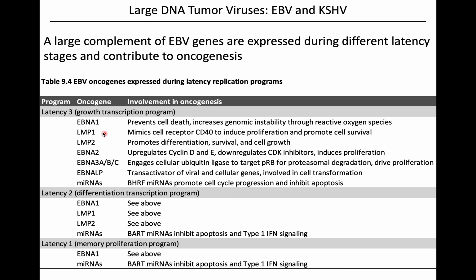The main thing I wanted you to take away from this table is that in a number of these latency stages, various genes get transcribed that all have cancer-promoting activities of one variety or another. So again, lots of mechanisms by which this virus could help drive cancer.